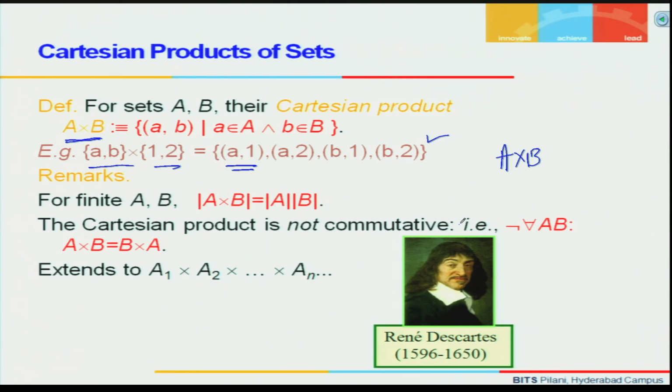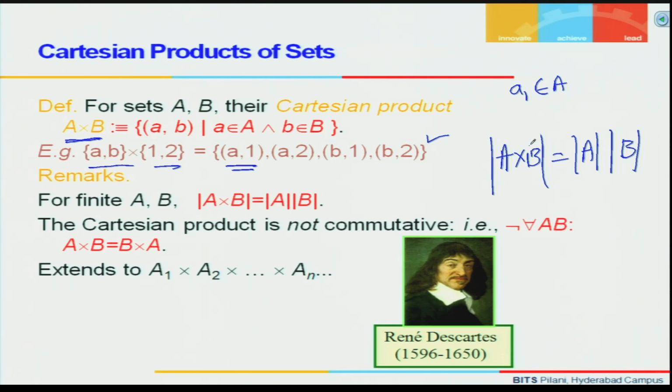So what is the cardinality of this set? That means how many elements are going to be in this set? It is going to be the cardinality of A, the number of elements in A, multiplied by the number of elements in B. This is obvious, because for each element, say a1 is an element of A, in how many tuples is it going to be present?